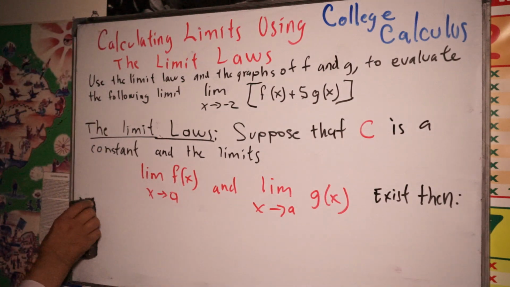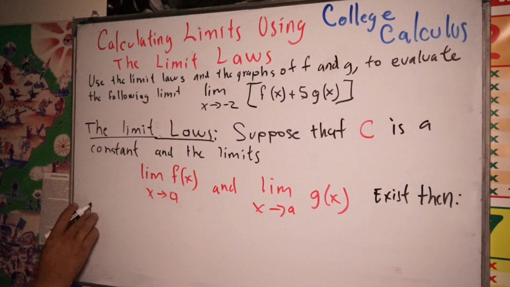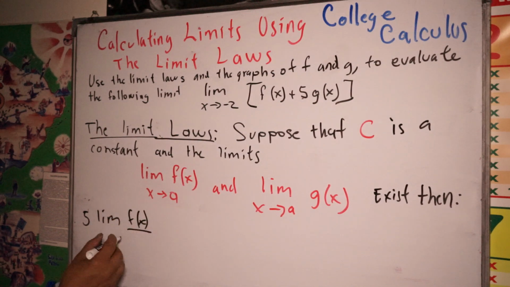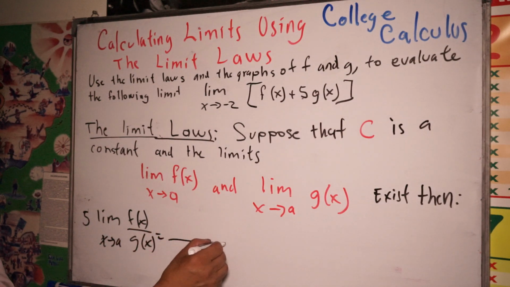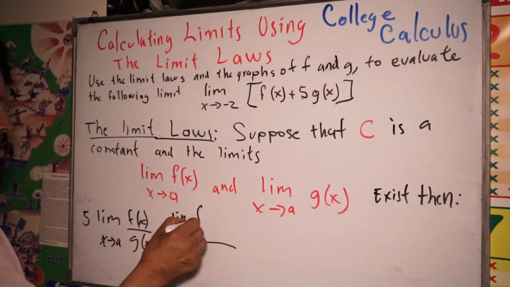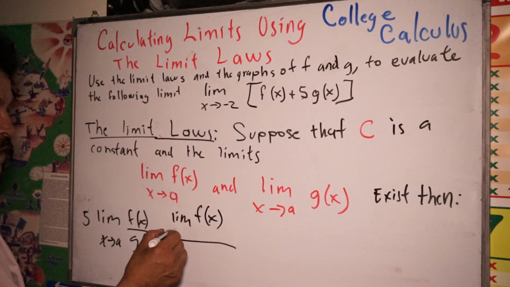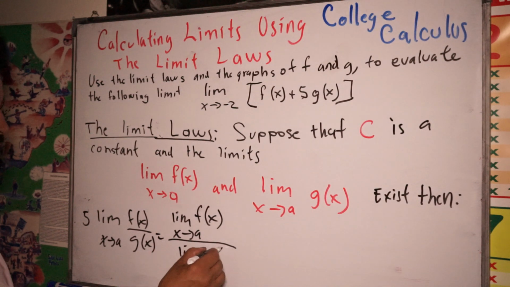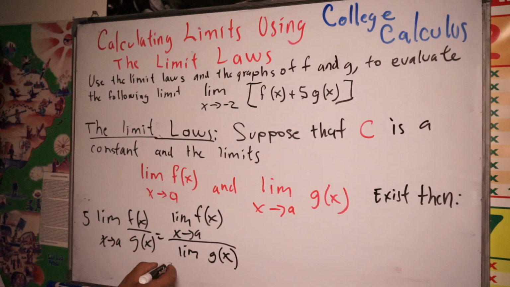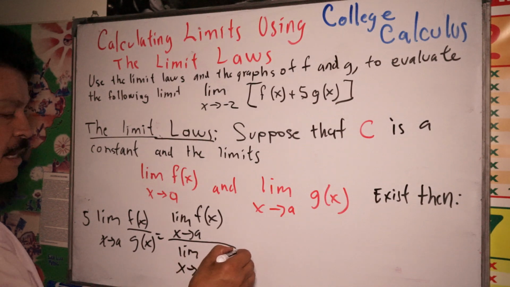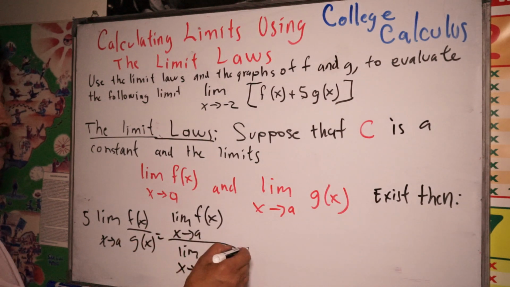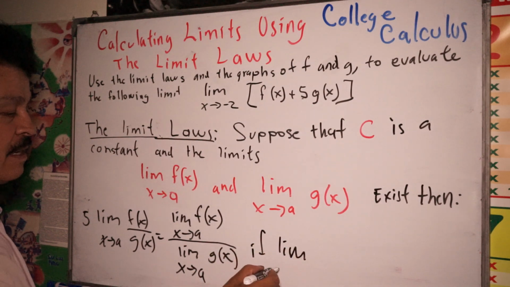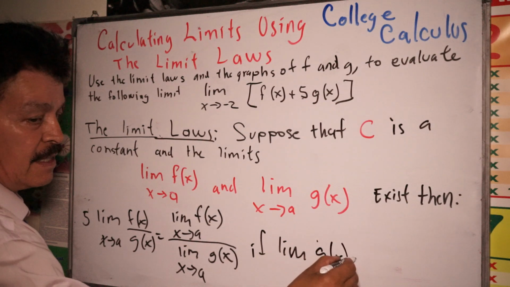Number 5 is the limit of f of x divided by g of x as x approaches a. This equals the limit of f of x as x approaches a divided by the limit of g of x as x approaches a, if the limit of g of x is different from 0.